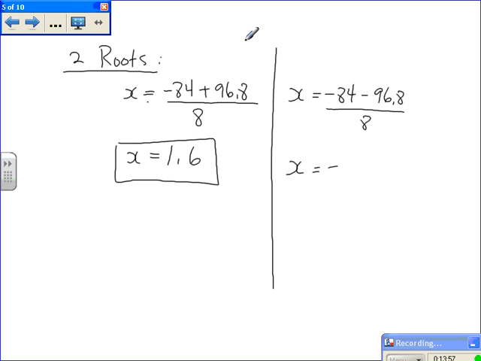And when I divide that by 8, I get negative 22.6. So there's my other root. And as it turns out, this one will not be factorable, because my radicand was not a perfect square. I didn't get a nice whole number out of that. So those are my roots, and let's go ahead and try another example.